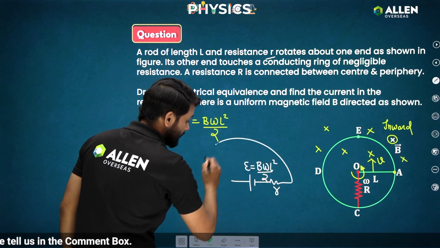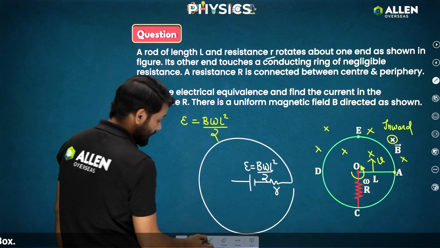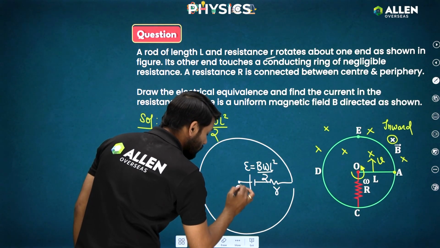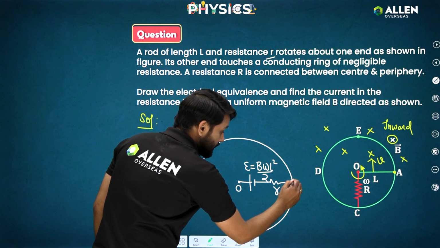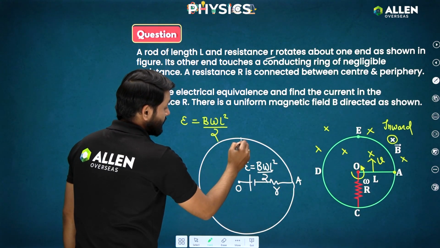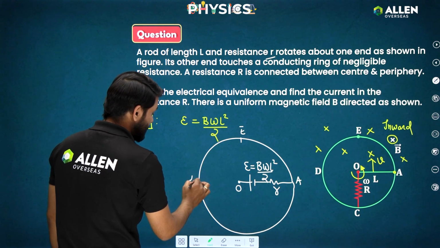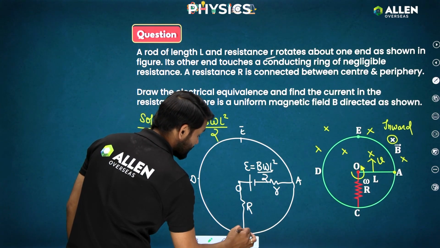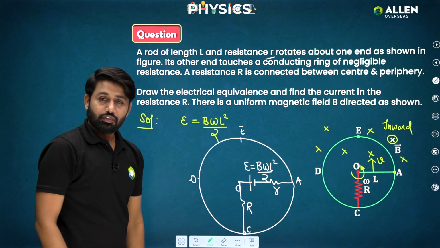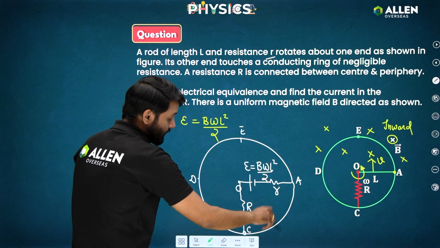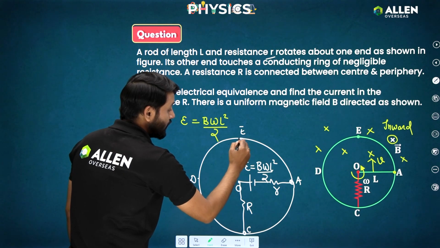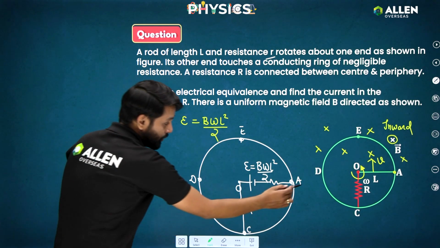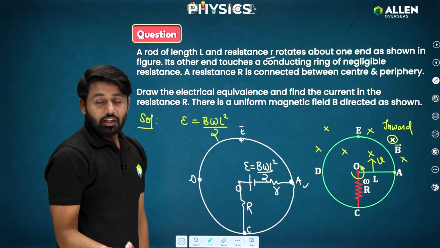This is the ring, right? And if I draw like this, so this is O, this point is A, this is E, and this is D, and here is the resistance capital R, and this point is C. Right, students? You can see here, this is a zero resistance wire. So this point, this point, this point, this point, they are at the same potential, right? This point and this point are also at the same potential.